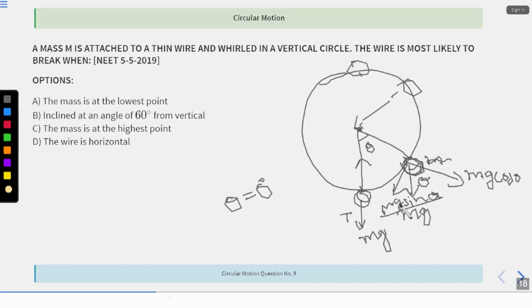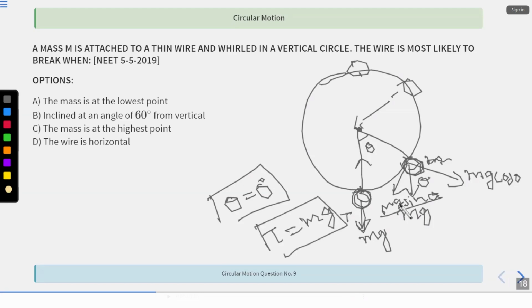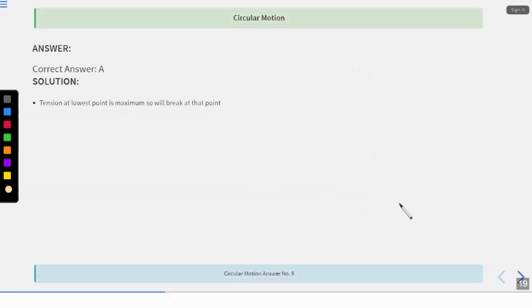There is a theta because of which the net force is less, right? So therefore, we'll consider the lowest point, and then you see that T will be equal to mg. And this is the point where the string might break. So the option is A.